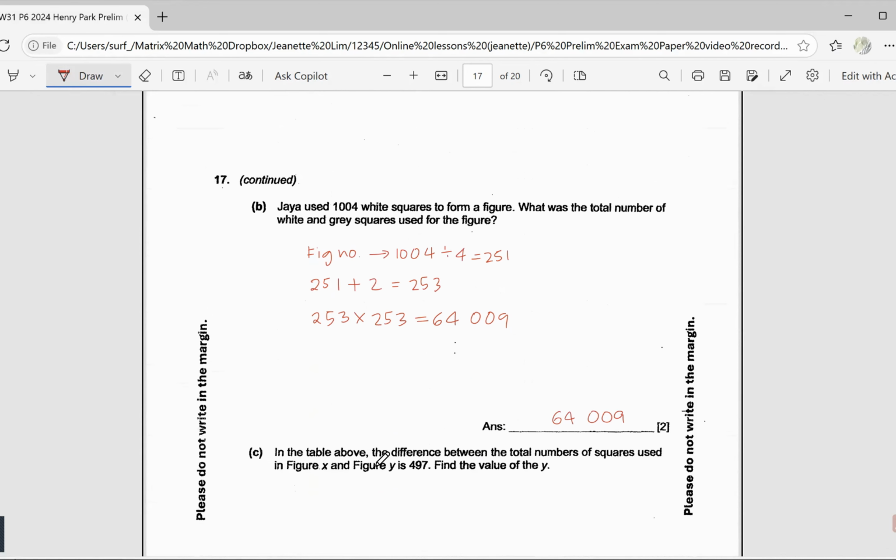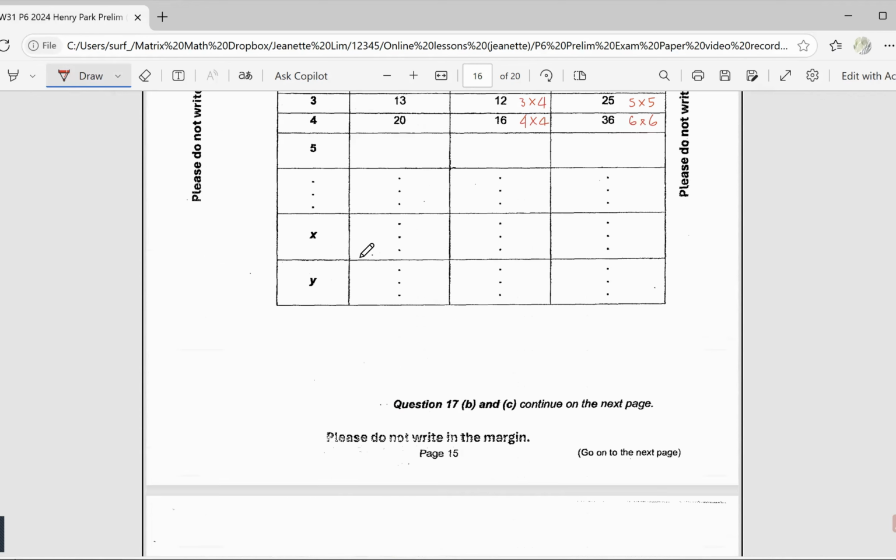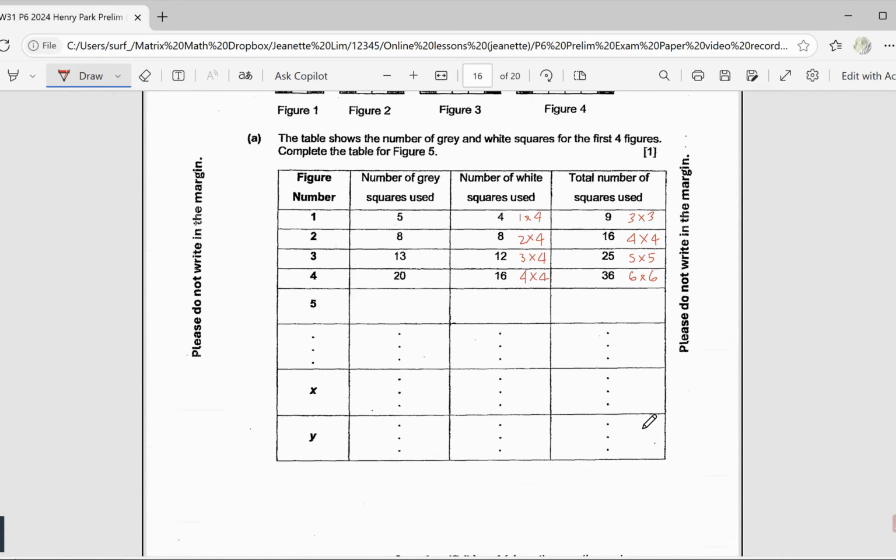Okay, part C is a little more challenging. In the table above, the difference between the total number of squares used in X and Y is 497. Find the value of Y. Okay, so X and Y are consecutive figure numbers. So the difference in the number of squares used here is 497.